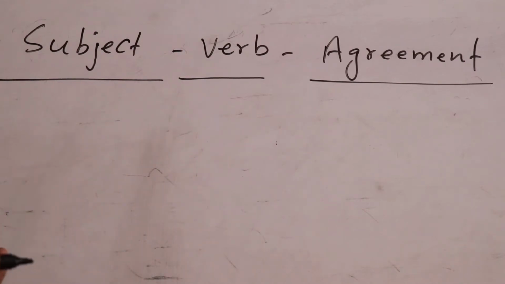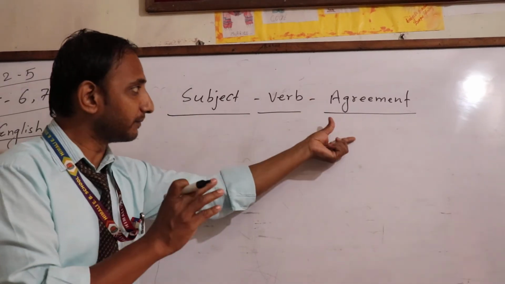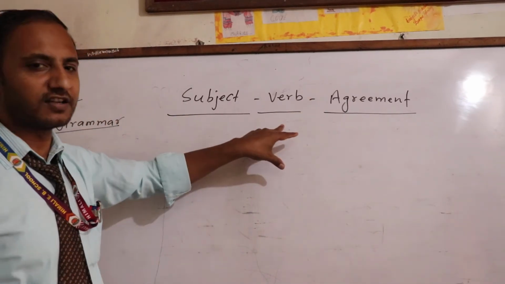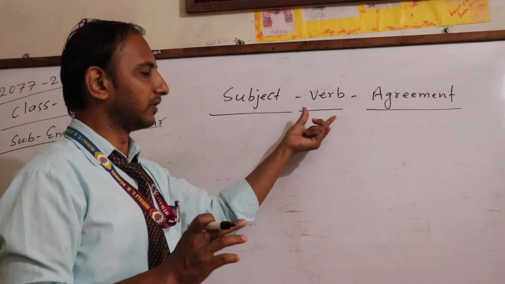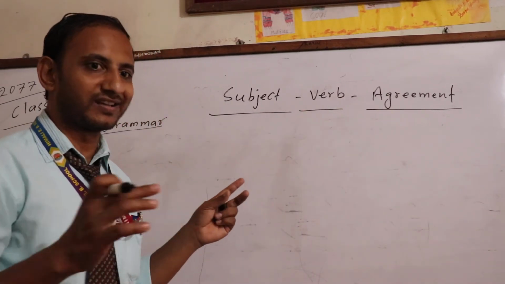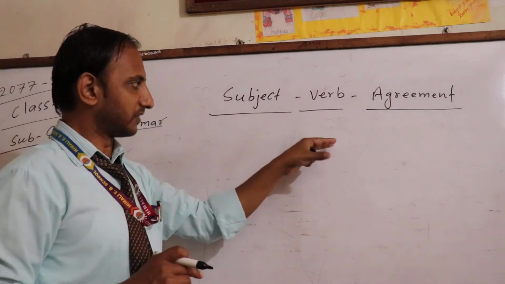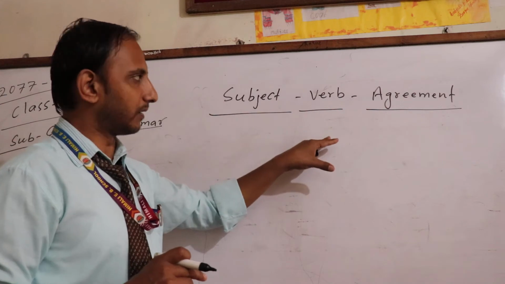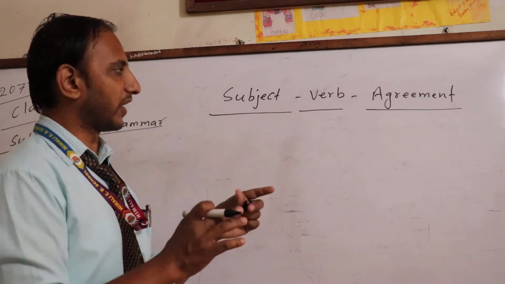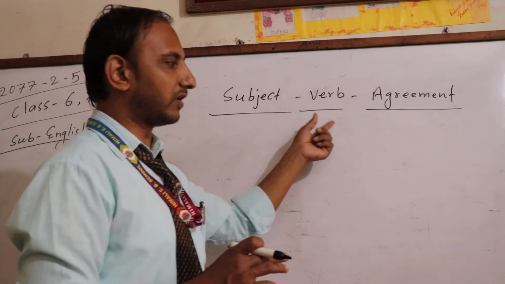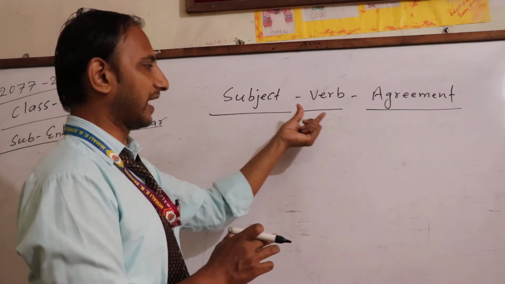So this matching is called subject, verb and agreement. When there is a plural subject, plural verb, singular subject, singular verb, then there is agreement between subject and verb. That's why the topic is subject, verb and agreement.